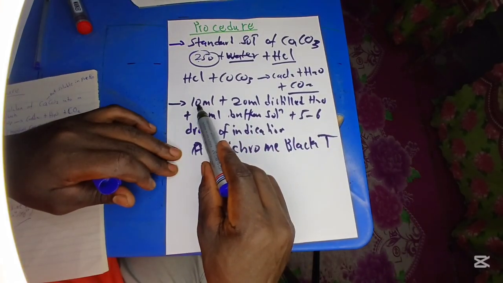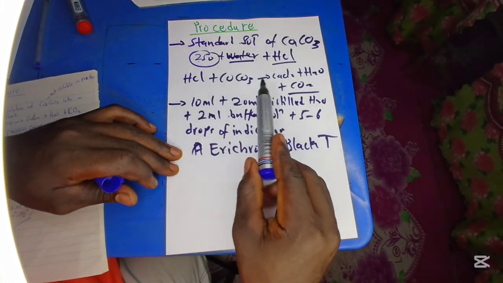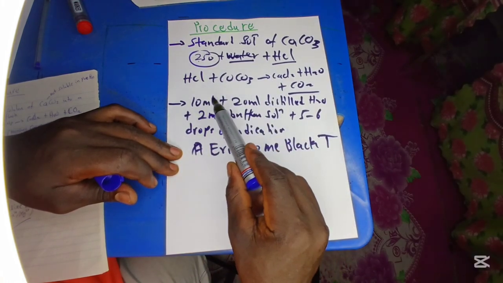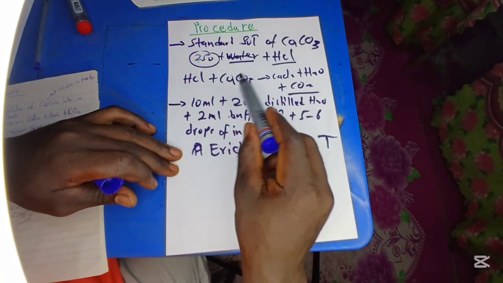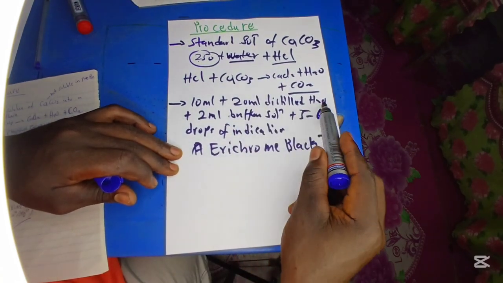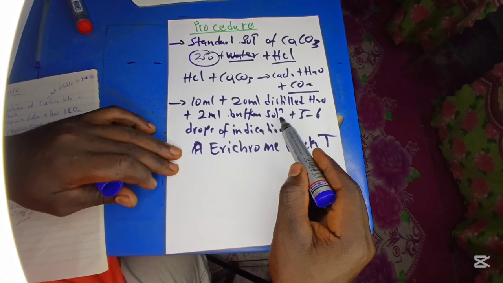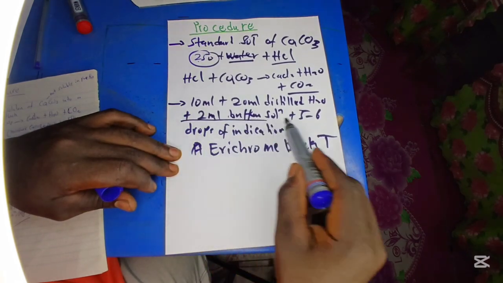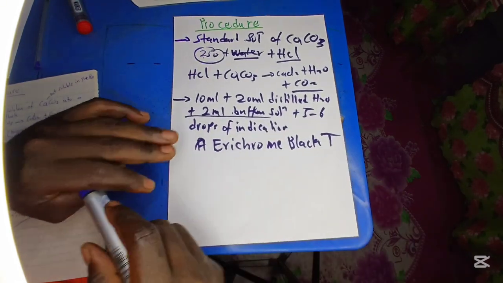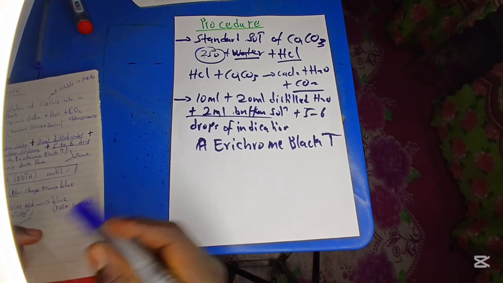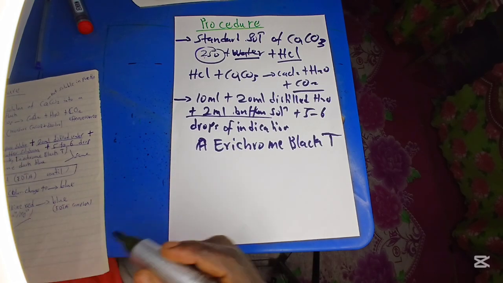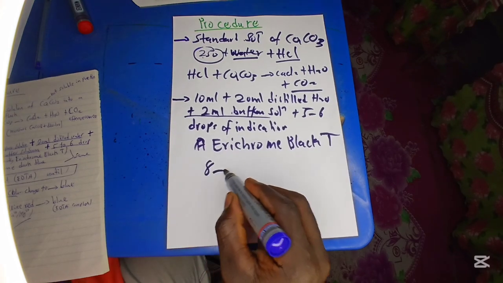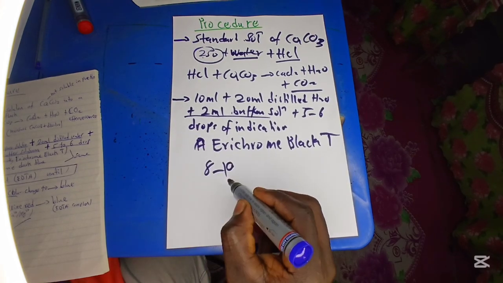Let's break this down very well. We take 10 mL of standard solution that contains Ca2+ ion, 20 mL of distilled water, and 2 mL of buffer solution. So why are we adding buffer solution to the mixture? Because we are adding buffer solution in order to maintain a pH range of 8 to 10.